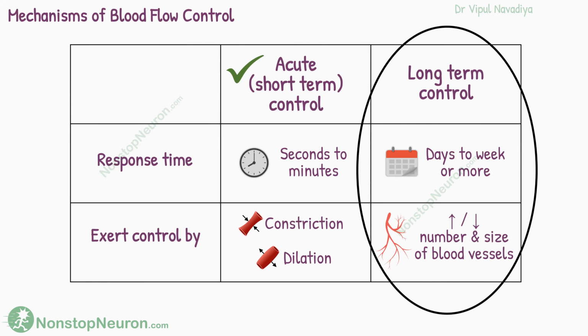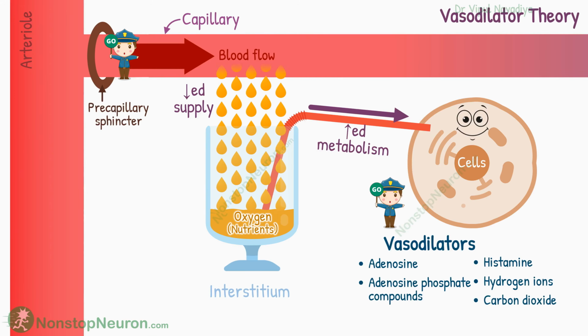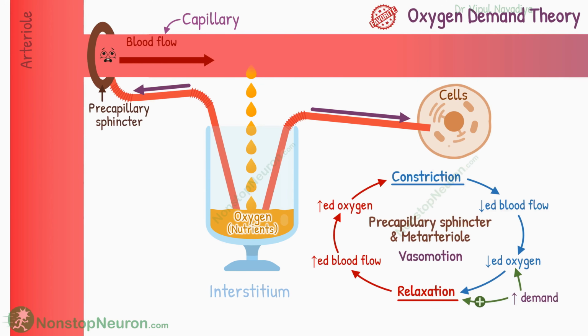Now let's have a summary. Most tissues control their own blood flow depending on the requirement. In Vasodilator theory, we saw that lack of oxygen causes the production of vasodilator substances, which cause vasodilatation and increase blood flow to bring more oxygen. In oxygen demand theory, or nutrient demand theory, we saw that nutrient levels in the interstitium cause precapillary sphincters and metarterioles to undergo cycles of constriction and relaxation.